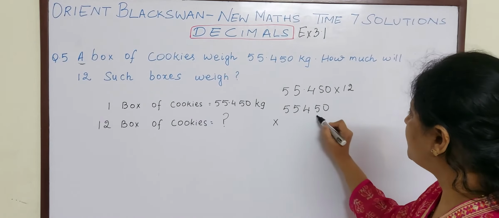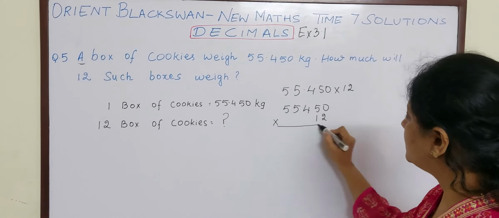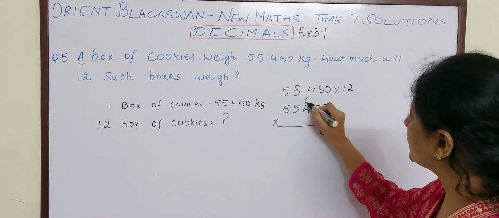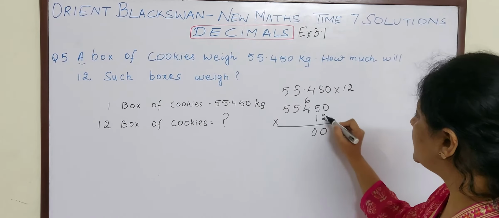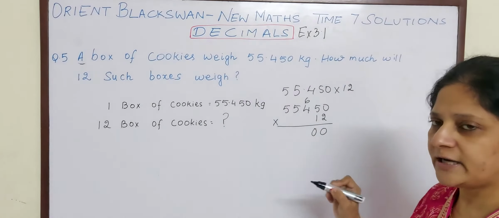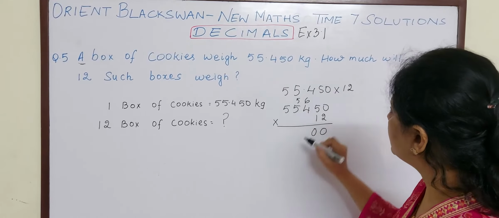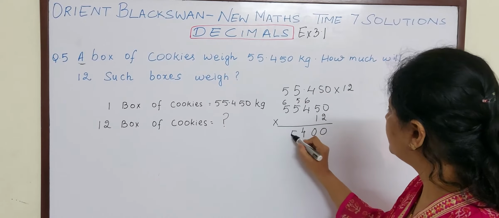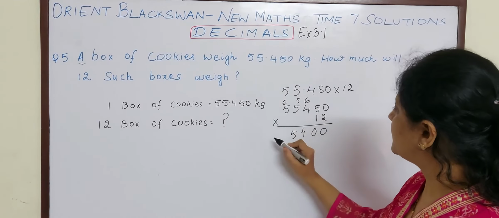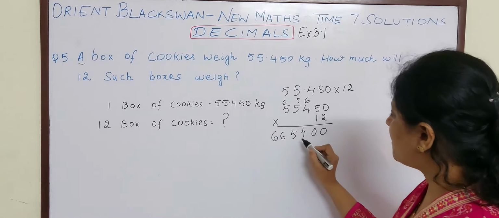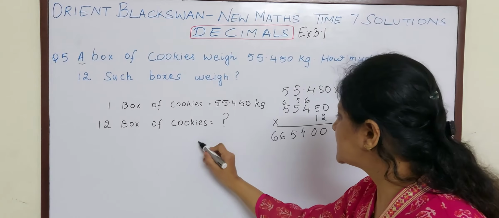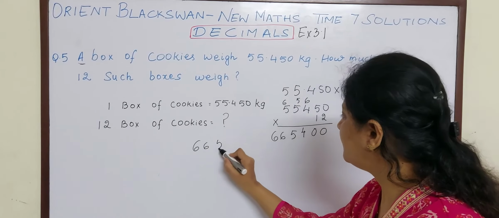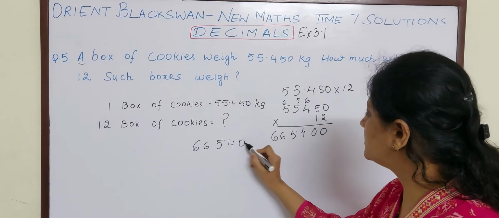So 55450 into 12. 12 zeros are 0, 12 fives are 60, 12 fours are 48. 48 plus 6, 54. 12 fives are 60 plus 5, 65. 12 fives are 60 plus 5, 66. So our final answer is 665400.